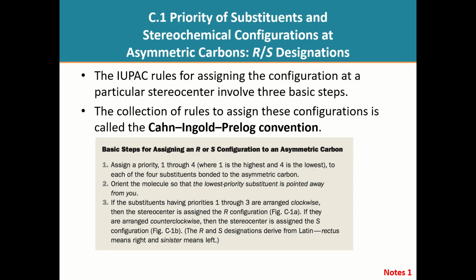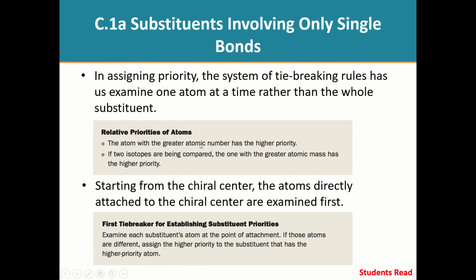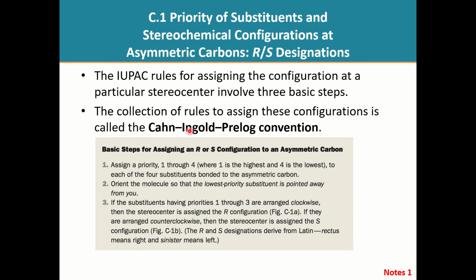So the IUPAC rules for assigning configurations have some 3 simple steps that we need to take in order to do this. There's a name for these rules, however you pronounce that.